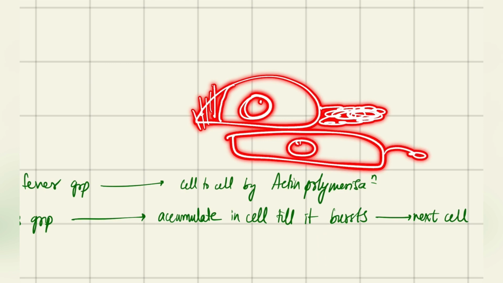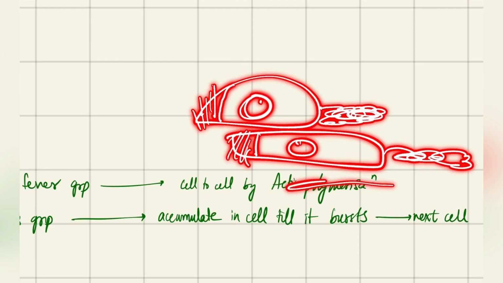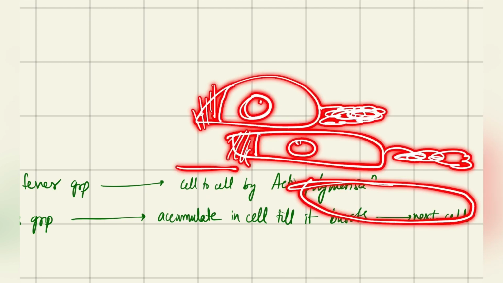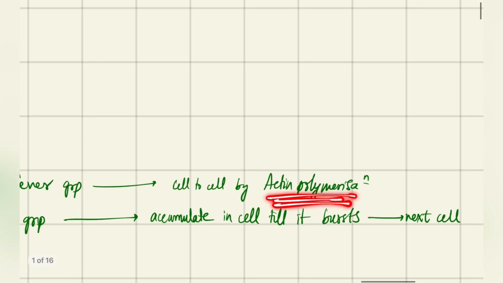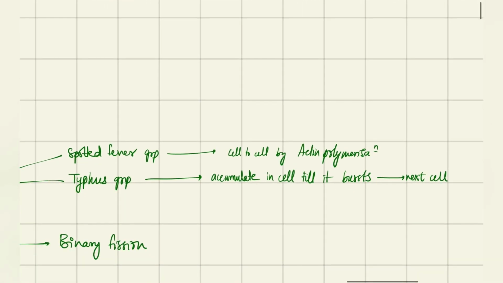It will polymerize further and contract back from here, and so basically it is now here. So you know how it is moving forward. This is how it keeps moving forward, by actin polymerization. So for the typhus group, the bacteria accumulate in the cell till it bursts and then infect the next cell, and in the spotted fever group, migration is by actin polymerization.